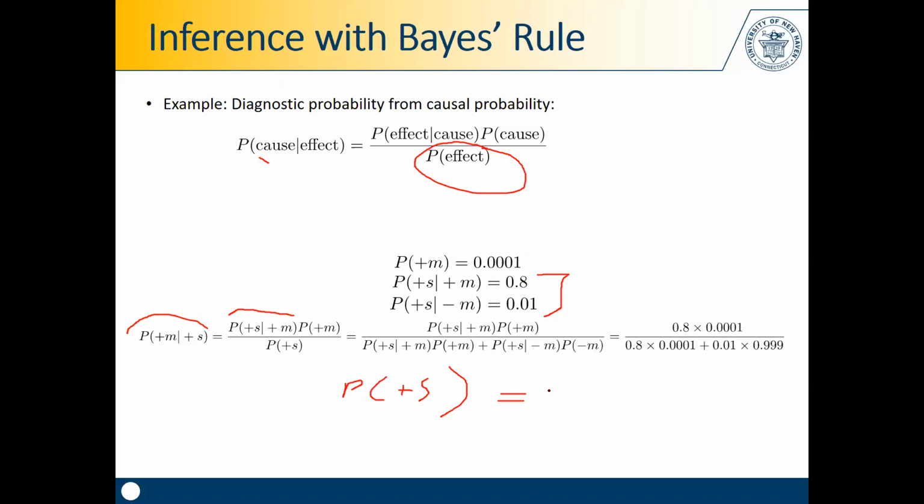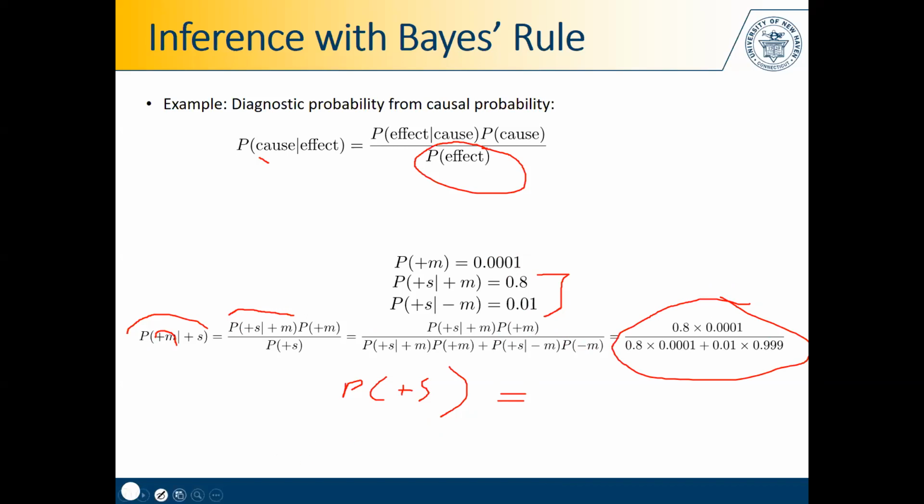It's the probability of headaches occurring if you have a migraine multiplied by the probability of migraine, plus the probability of you having a headache but not having a migraine multiplied by the probability of not having a migraine. What's the probability of negative m? It's 1 minus 0.0001. Now we can plug all of those values in and get a probability, which is essentially your confidence in your diagnosis that your patient has a migraine.